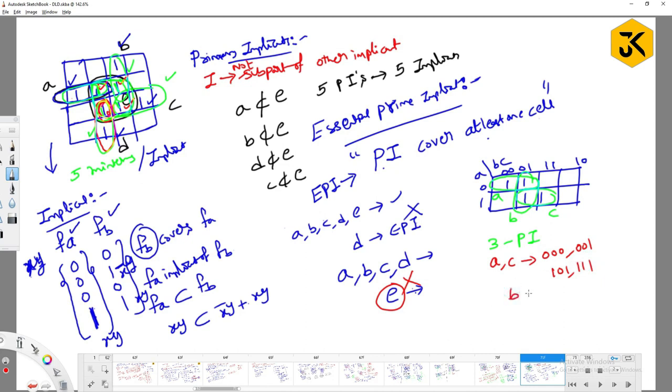But if I take B, B is going to cover what? 001 and 101, which are already covered by other prime implicants. So B is not an essential prime implicant, right? If I am saying that it should be essential, it has to identify at least one extra cell which should not be covered by any other prime implicant. So that is the meaning of this. So how many essential prime implicants are there here? 2 essential prime implicants are there.